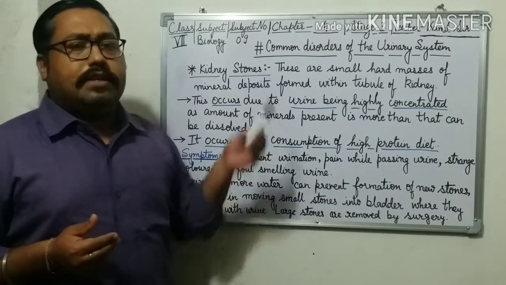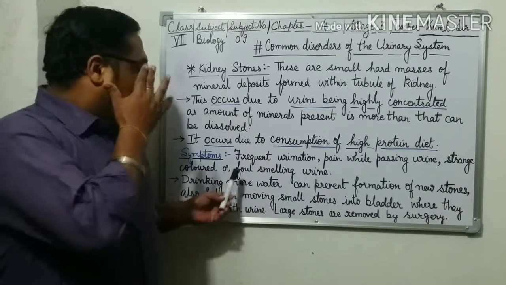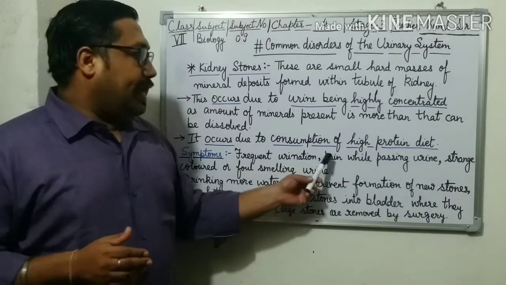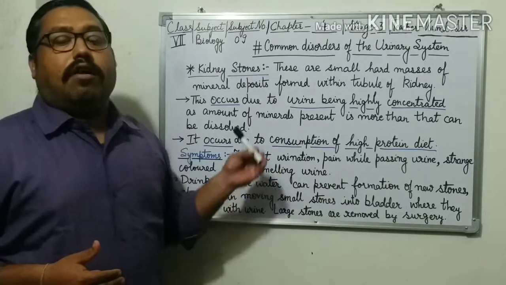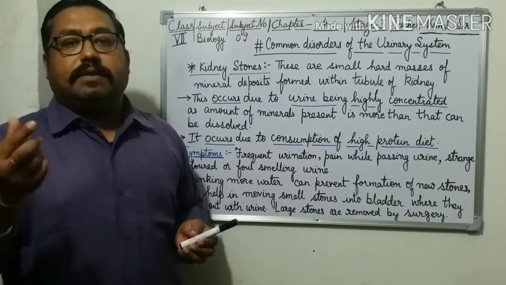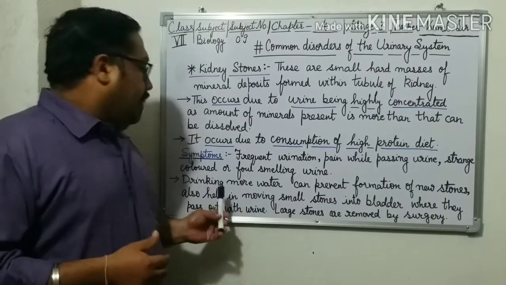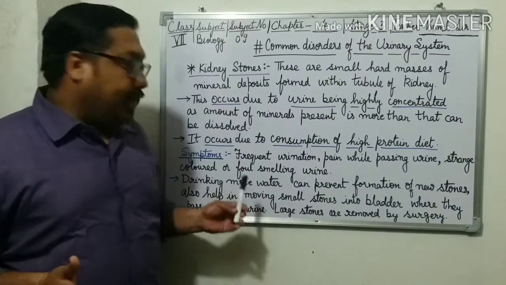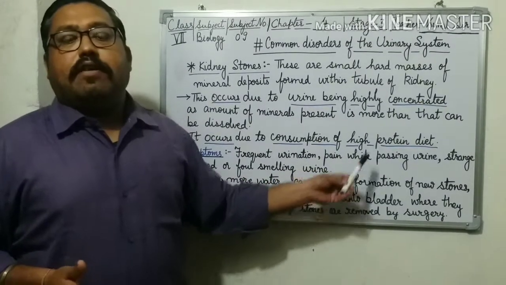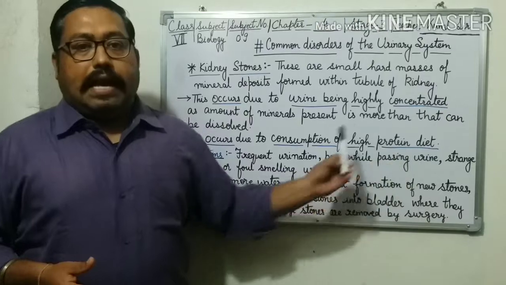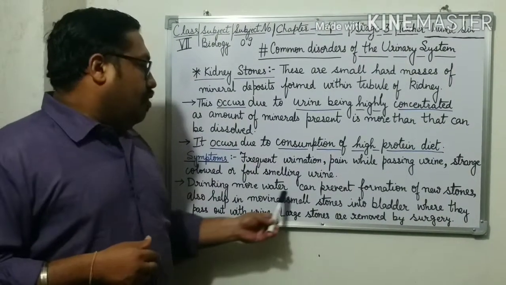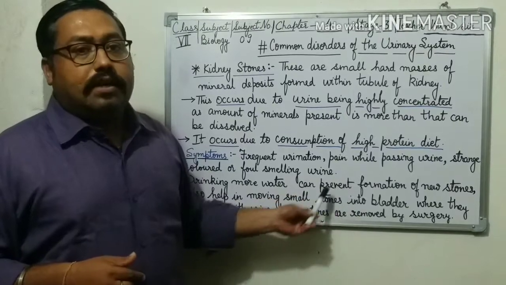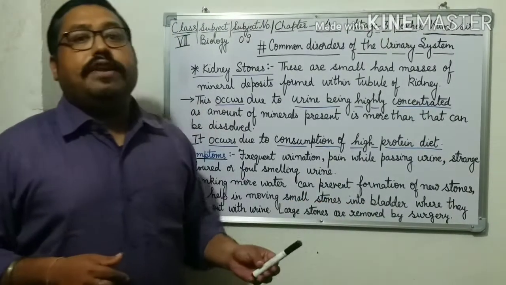What are the symptoms of kidney stones? Frequent urination, then pain while passing urine, and strange color or foul smell. Foul smell is nothing but bad smell. What are its treatments? Drinking more water can prevent formation of new stones, and it also helps move the small stones to the urinary bladder.